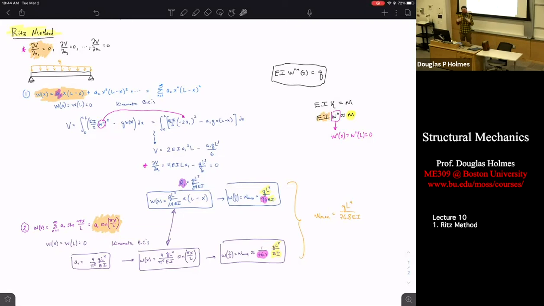You will get an approximate answer. In this case, it's going to underestimate the deflection. Ideally, you want a guess that matches all of the boundary conditions. The kinematic ones are the essential ones that your guess function needs to satisfy. If you only have those, you'll come close. If you have all 4 of them, you can converge to the correct answer.